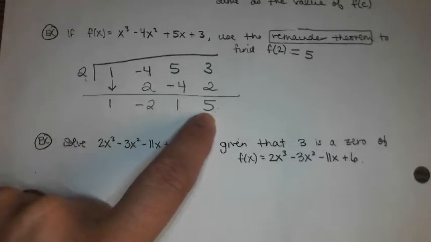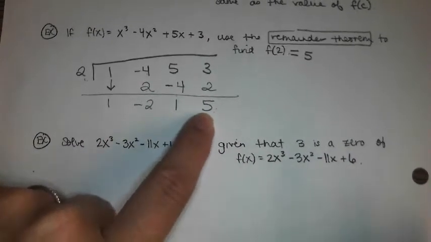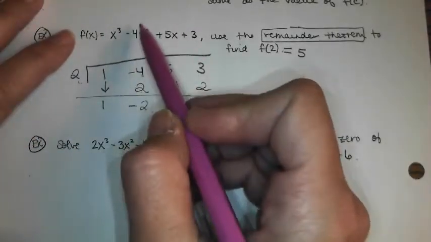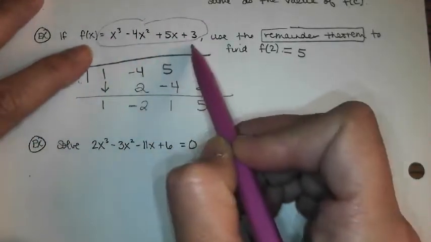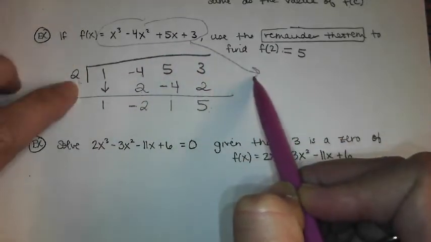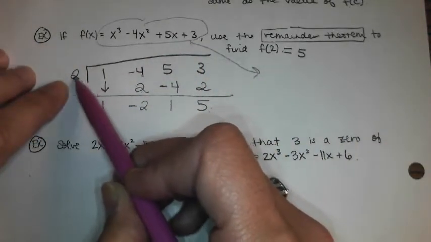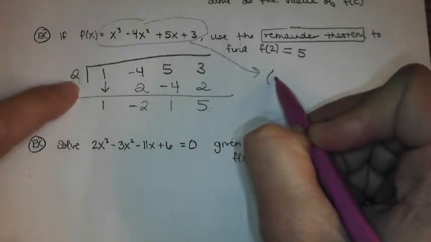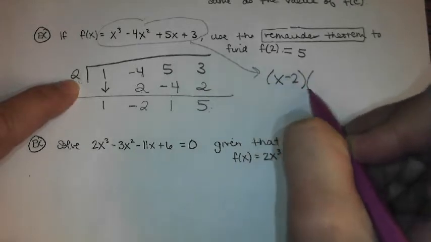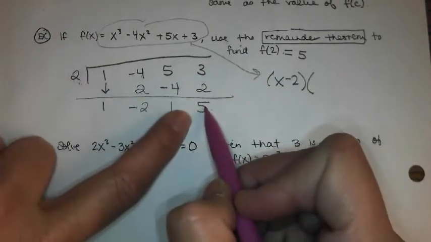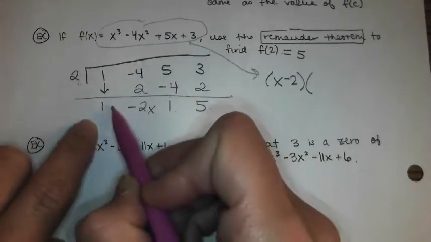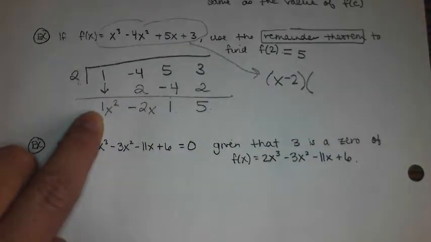That's all this asked us to do, but I'm going to do one step further and talk about how we actually just sort of factor this. So we factored this into, if we were dividing out a 2, what was the factor? If the potential root was 2, what was the factor? X minus 2 times, and so this was our remainder, this was our constant, this is our x term, this is our x squared term.